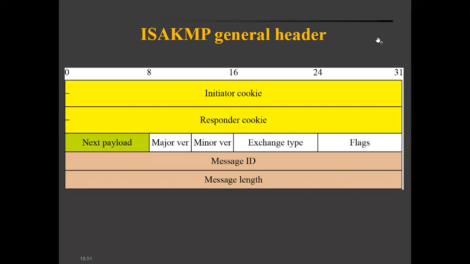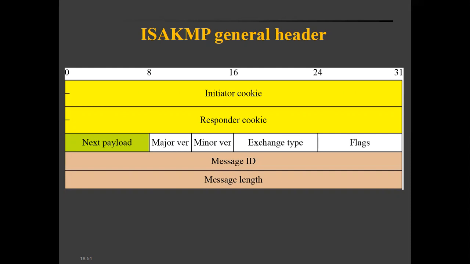This is the ISAKMP general header. The ISAKMP protocol is basically designed to carry the messages for the Internet Key Exchange Protocol. The format of the general header is shown in this diagram, so let us look into the different fields of this header. The first one is the initiator cookie field.